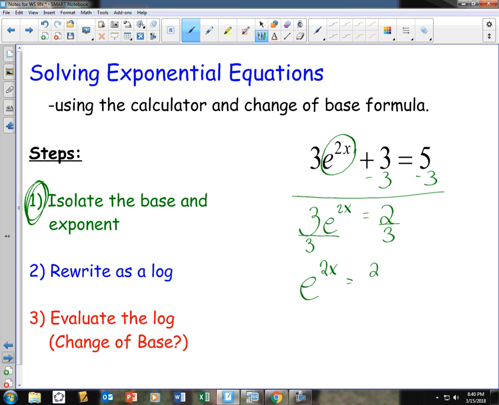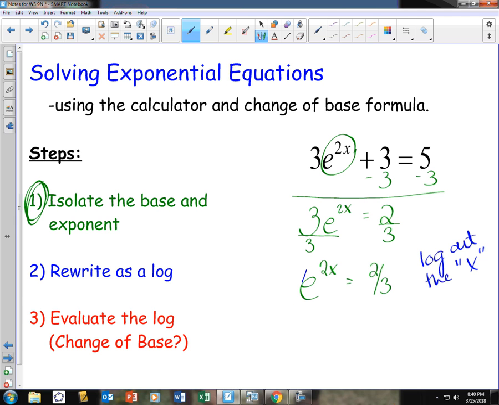Now, this is a problem where my desired quantity, which is the x, is in the exponent. So I need to log it out. So I need to rewrite this as a log. So let's look at our 3 parts.